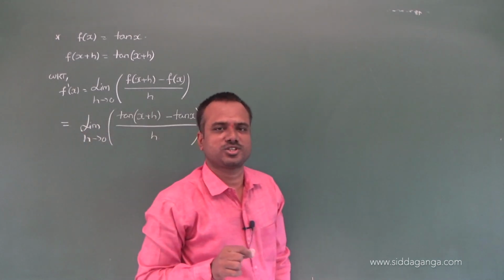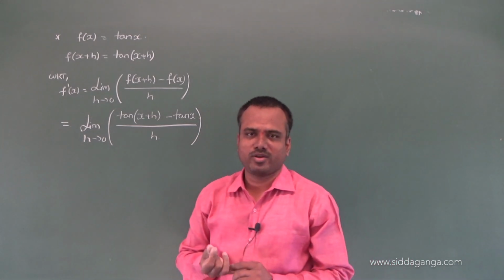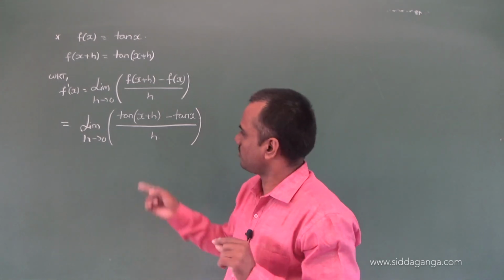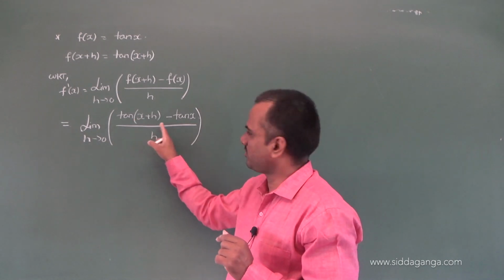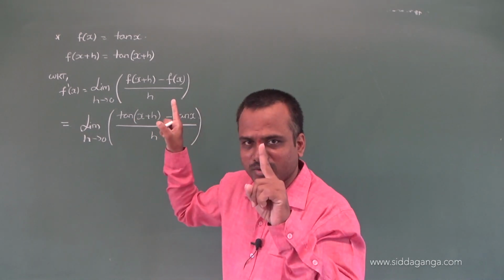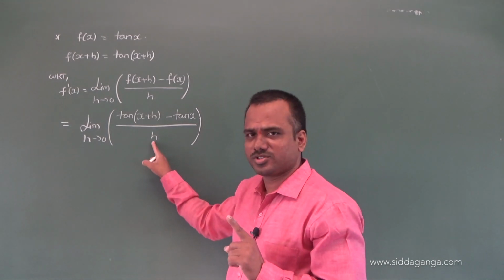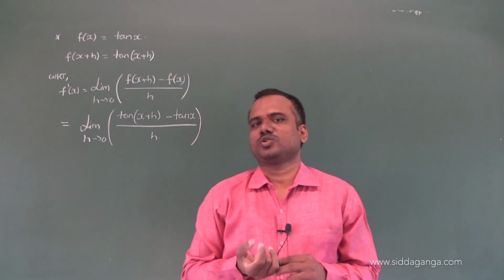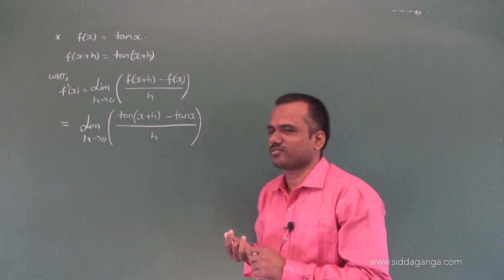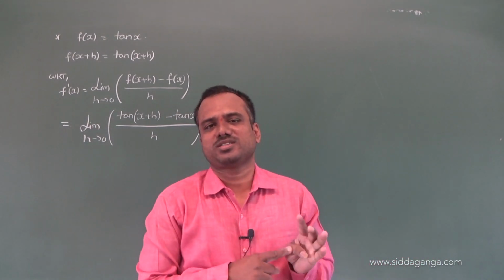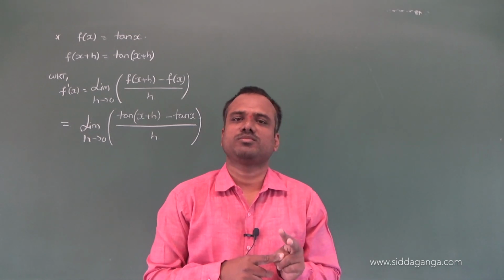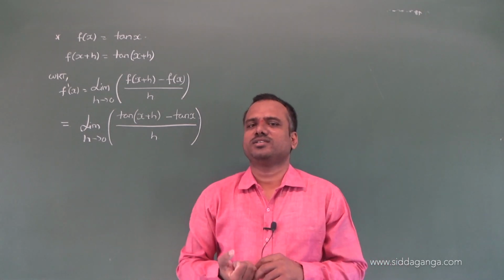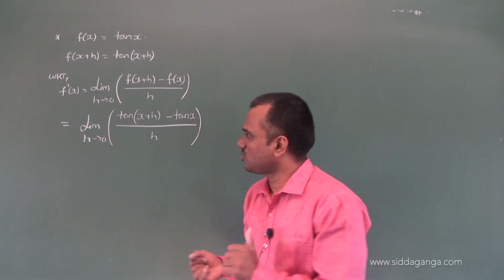Observe here, if I substitute 0 wherever h is, tan x minus tan x gets cancelled, the numerator is 0 and the denominator is 0, so it is in 0 by 0 form, an indeterminate form. Then how to solve this one? For sin and cos, we use the sin C minus sin D and cos C minus cos D transformation formulas, we know that. But tan C minus tan D, that we don't know. Then how to solve this one?